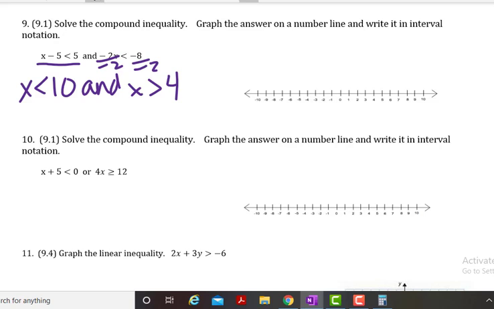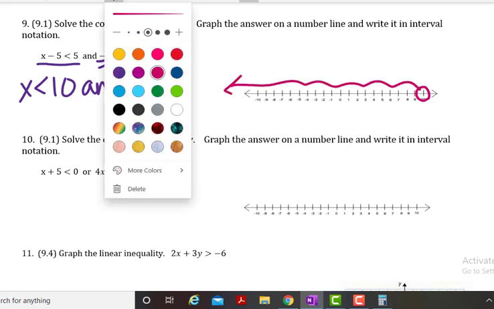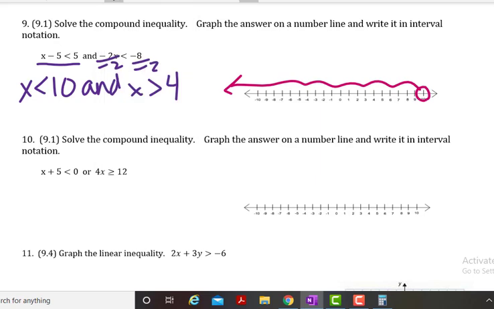Graphing these on the number line to the right, if x is less than 10, we put an open circle, and it's everything to the left. For x is greater than 4, we do an open circle, and it's everything to the right.